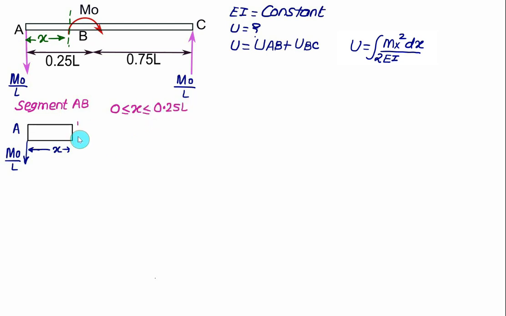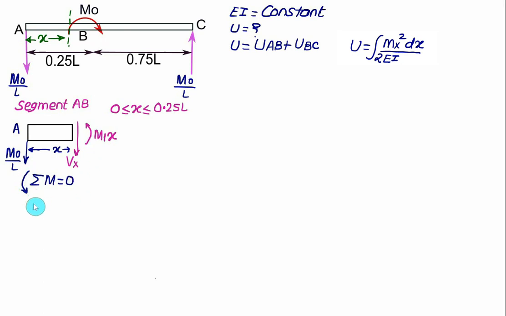One shear force will be shown in a downward direction, equal to Vx, and one internal moment will be shown here, that will be M1x. To find the value of M1x, we take the sum of moments equal to 0, taking anticlockwise as positive.